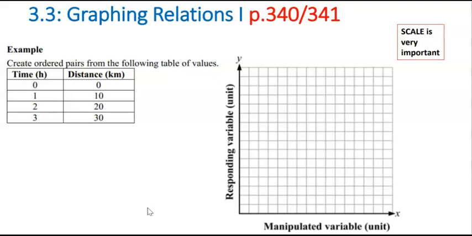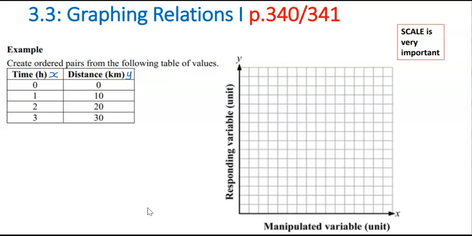Time in hours and distance in kilometers. Time is going to be our x, and distance is going to be our y. And that means that time influences the distance. Just as you know, if you're going somewhere, the more time you spend in the car, the further you're going to be able to drive.